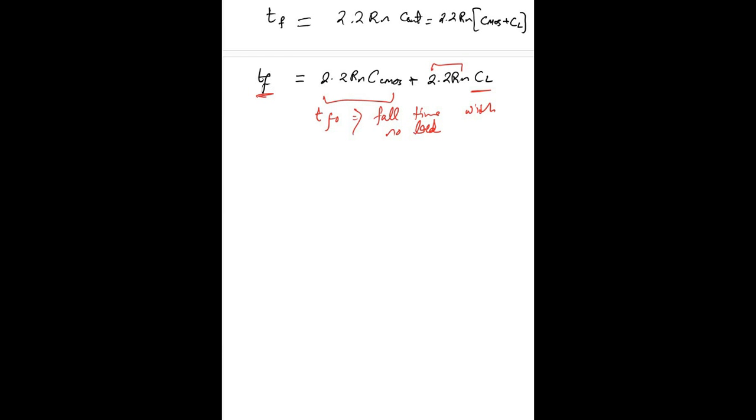Similarly, we can write it for the rise time as well. That is 2.2 Rp into C MOS plus CL, and we can write it as 2.2 Rp C MOS plus 2.2 Rp CL.